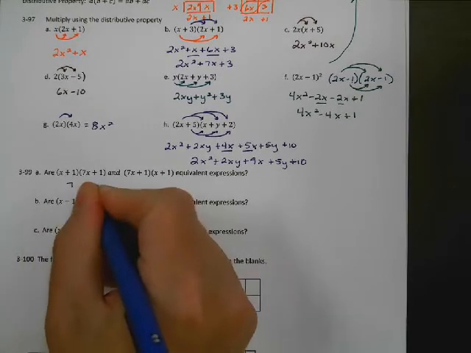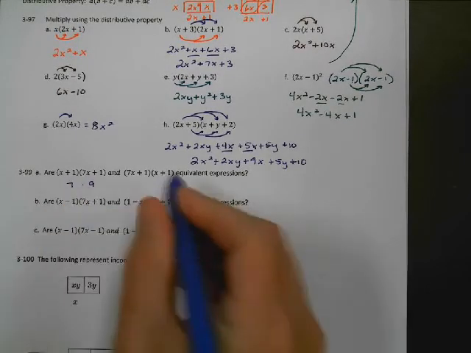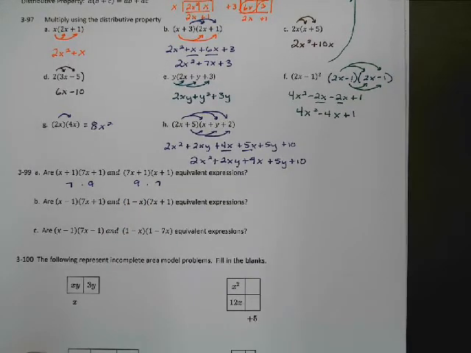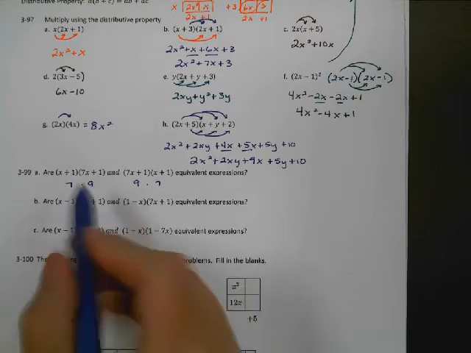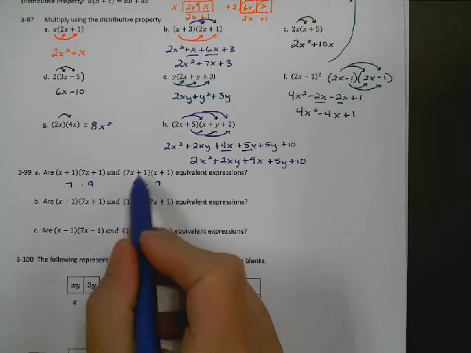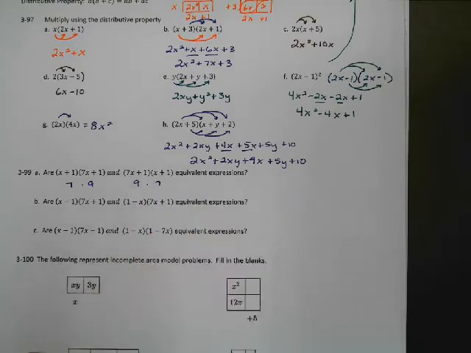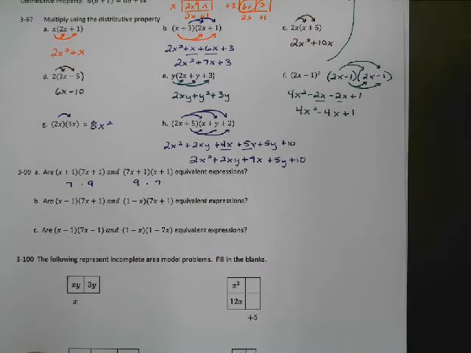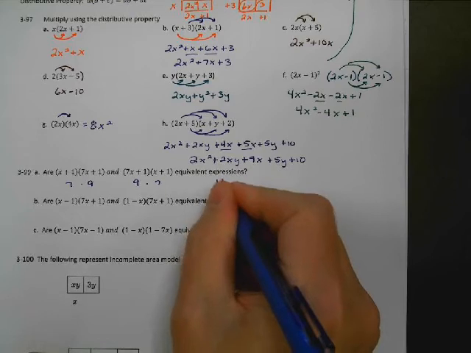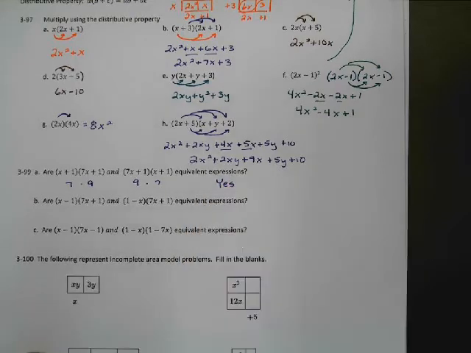Is 7 times 9 different from 9 times 7? No, they give you the same answer. So in multiplication, it doesn't matter which one gets multiplied first. So they should be equivalent expressions.